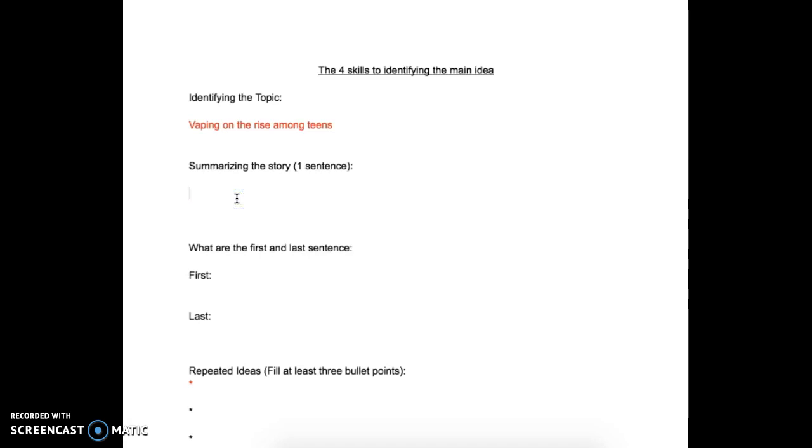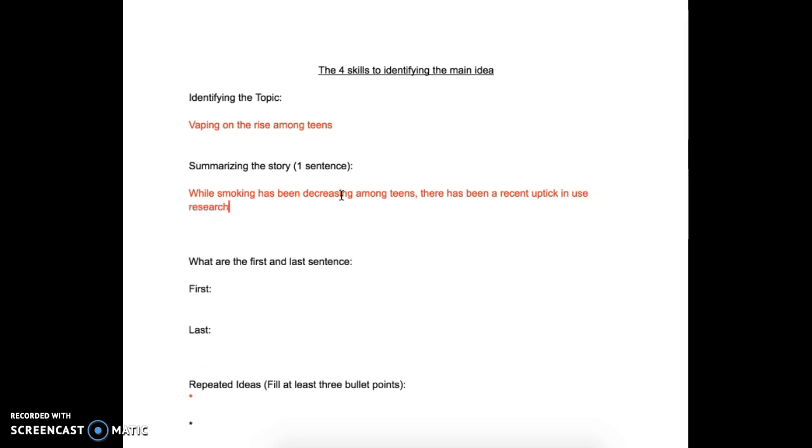Summarizing the story: while smoking has been decreasing among teens, there has been a recent uptick in use.